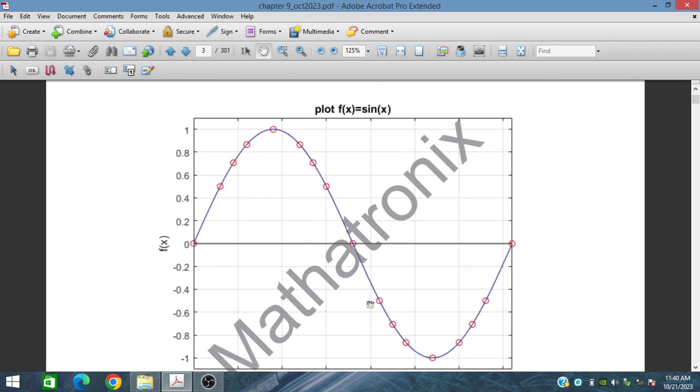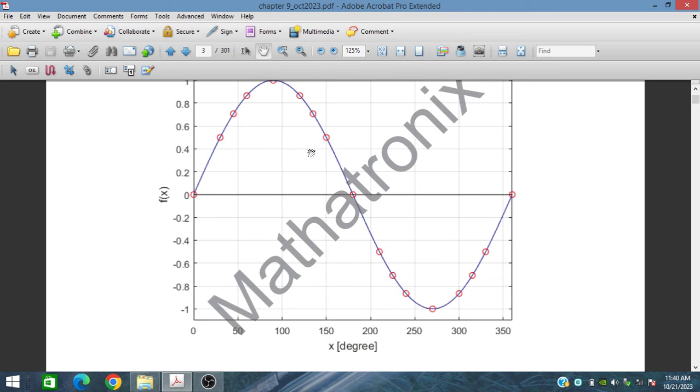So from this table we can see, if we can read this graph, the sine function always plots like this. This is 30 degree, 45 degree, 60 degree, 90 degree, 120 degree. 120 degree and 60 degrees are the same. At 45 degree and 135 we have the same value.